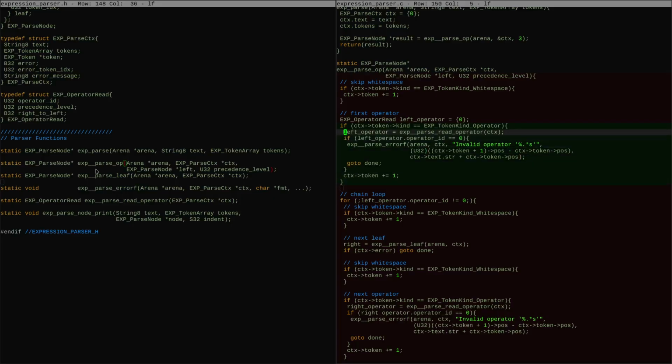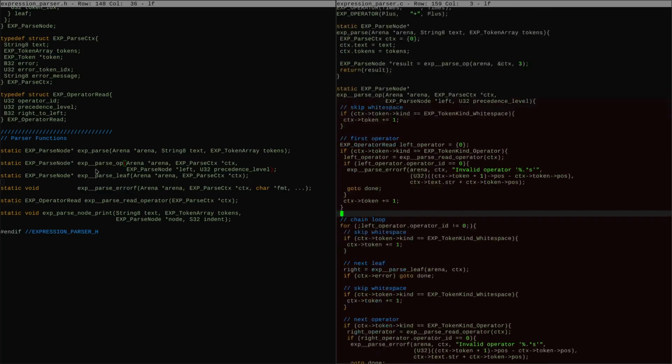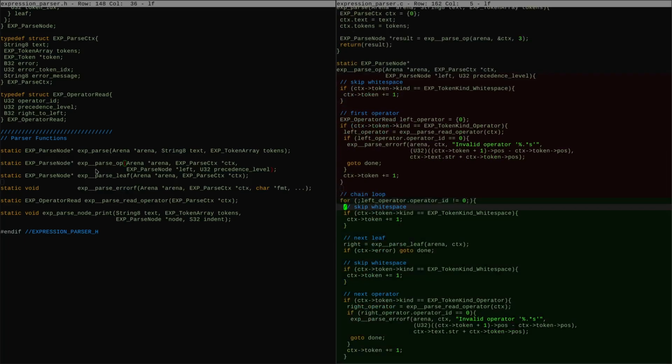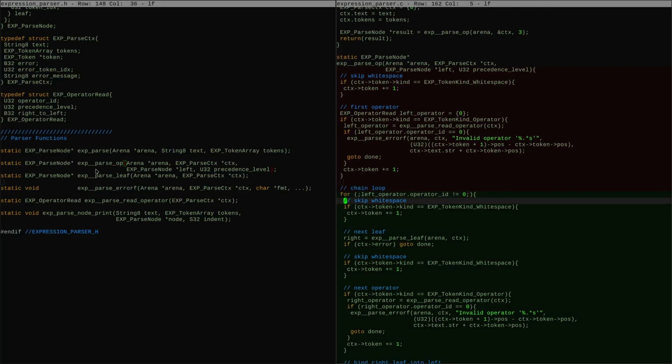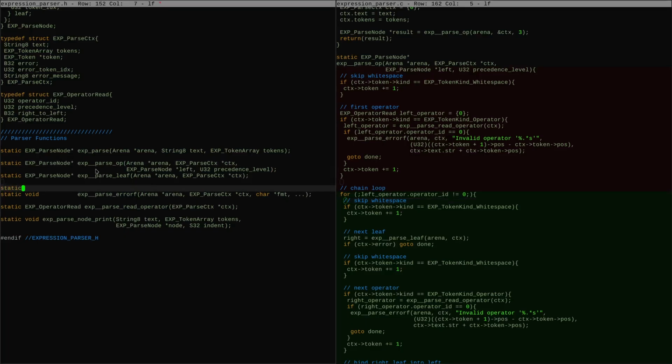So we need the operator. We want to simplify this. It's bugging me that it's so fatty, but we'll make that better. Get the operator ID. If it's not 0, then let's make another helper here.